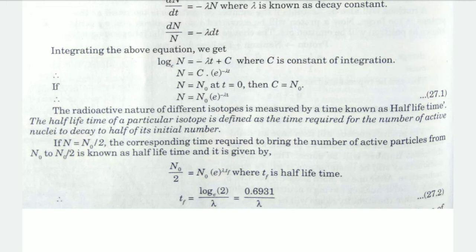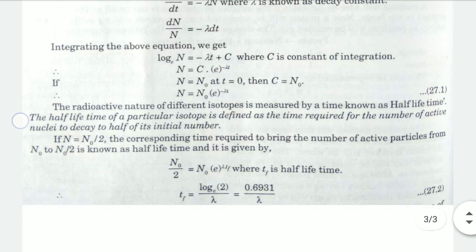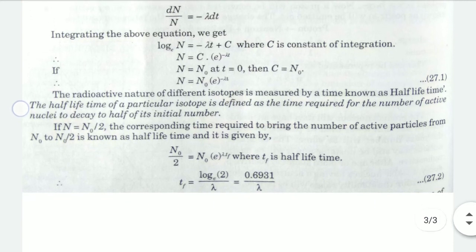That is, how much time is required for the active nuclei to decrease from the initial number to exactly half of it. If we consider N as N0 by 2, the corresponding time required to bring the number of active particles from N0 to N0 by 2 is known as the half life.